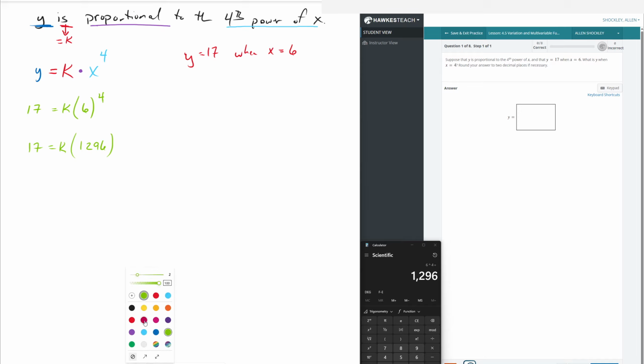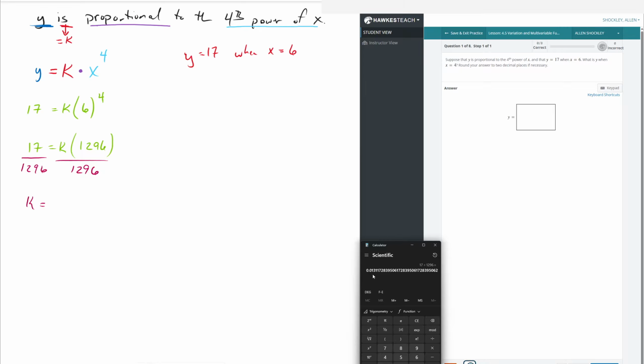We're going to then divide both sides by 1296. And we get a constant value of 17 divided by 1296, 0.013.